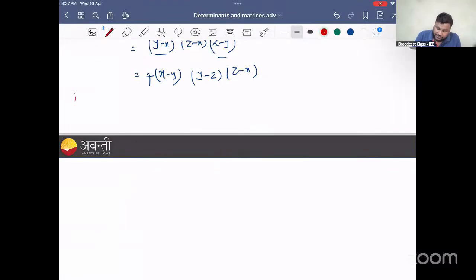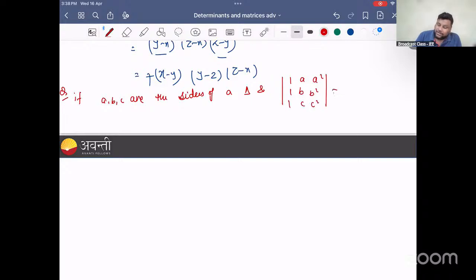The question is, if a, b, c are the sides of a triangle and the determinant of 1, a square; 1, b square; 1, c square is 0, then what kind of triangle is it? Tell me quickly.